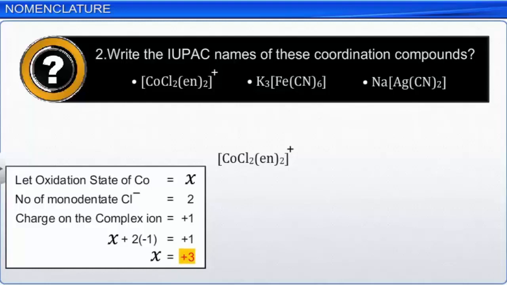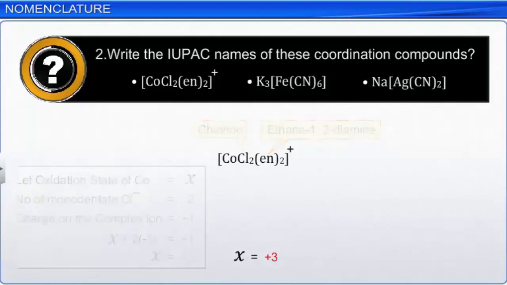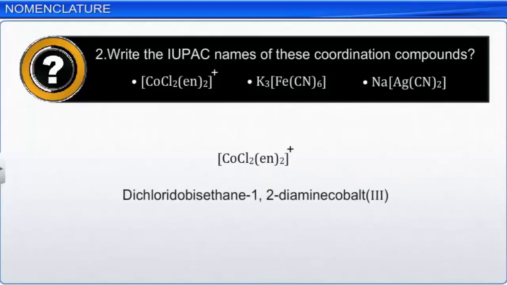The number of chloride and ethane-1,2-diamine ligands is indicated by the prefixes di and bis respectively. Thus, the IUPAC name of the given complex is written as dichloridobis(ethane-1,2-diamine)cobalt(III). Similarly, the IUPAC names of the other complexes are written as shown here.